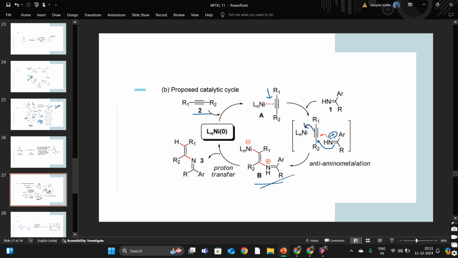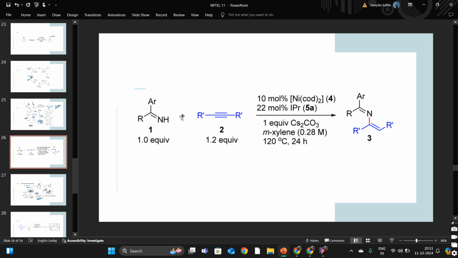After the formation of this metal complex, proton transfer will take place from this positively charged nitrogen atom to this carbon atom, leading to the breakage of this carbon-nickel bond. So the nickel metal is regenerated for another cycle, and we successfully get the hydroamination of this imine on alkyne, which is nickel catalyzed.